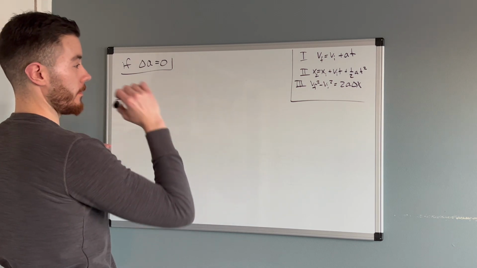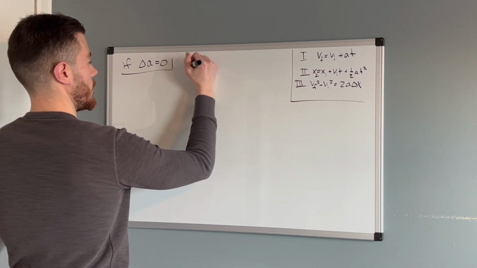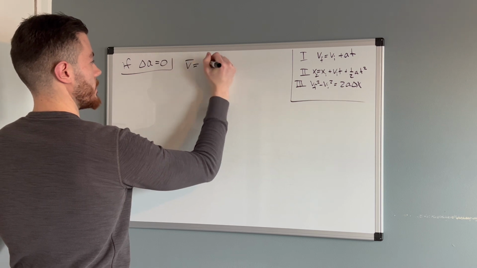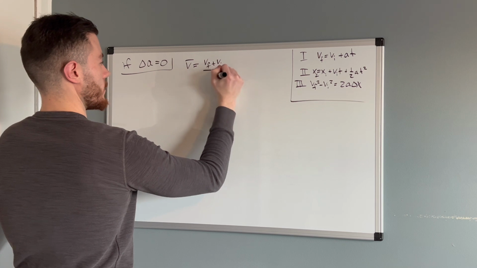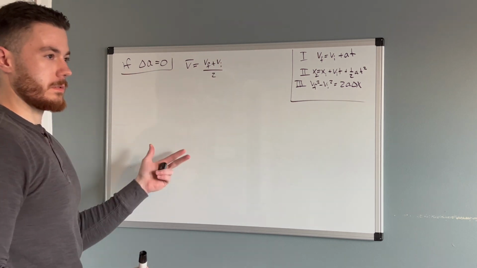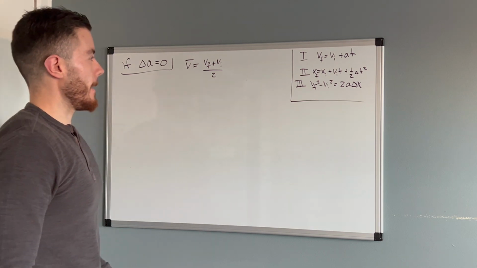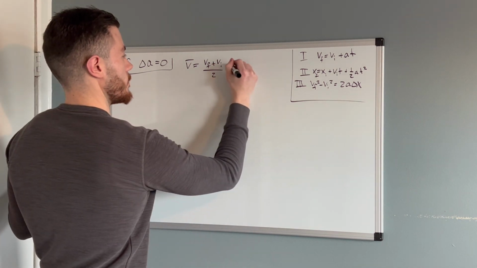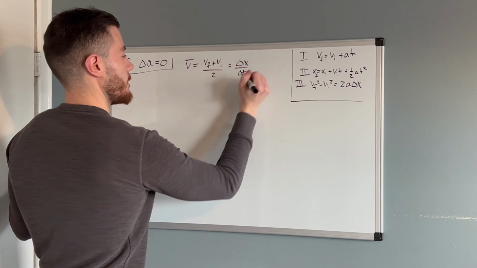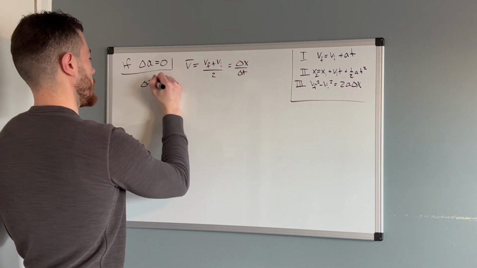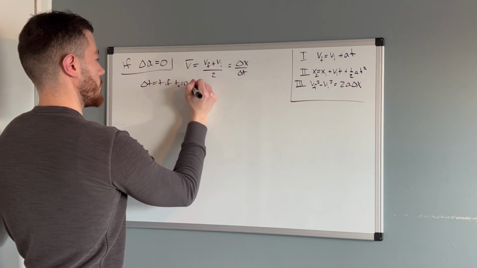So back when we were deriving the second one, we defined the average velocity as v final plus v initial over 2. It's just the algebraic mean. And this is also equal to delta x over delta t. Remember, delta t equals t if t0 equals 0.